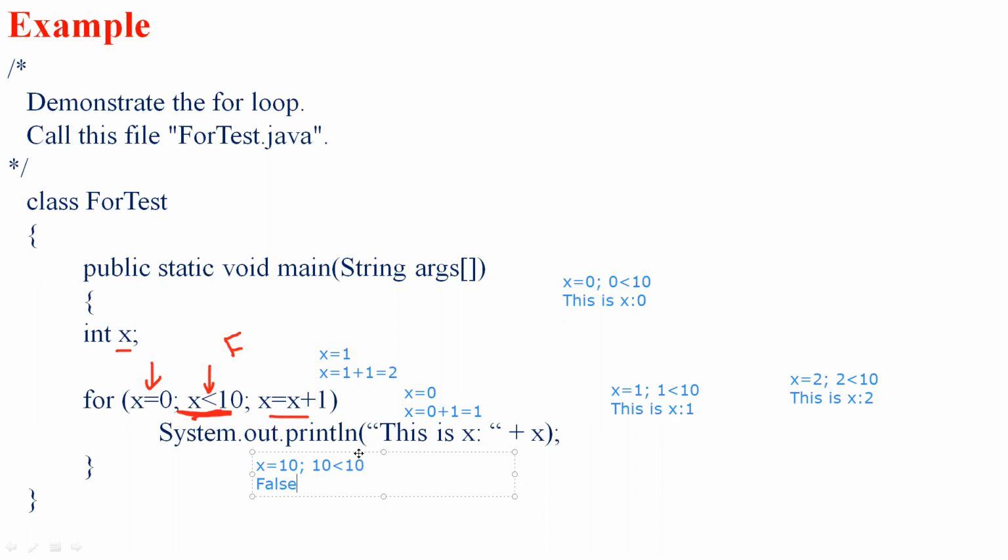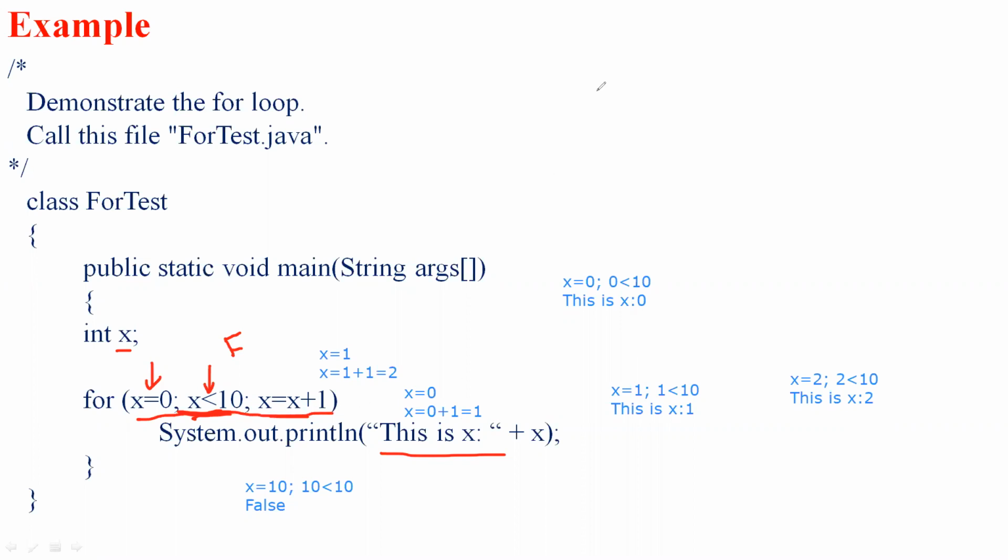Until I obtain this false condition, it keeps looping back for each and every value of x. It will iterate through each statement using these loop control statements.